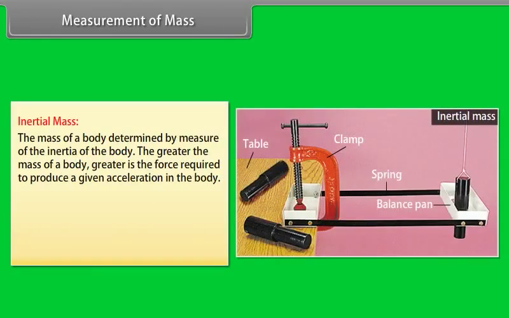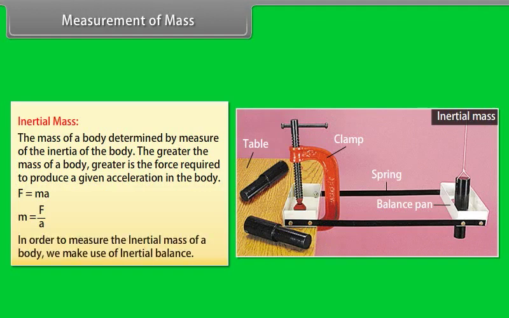The mass of the body is determined by measure of the inertia of the body. The greater the mass of a body, greater is the force required to produce a given acceleration in the body. F = ma or m = F/a. Thus, a very heavy body has a larger inertial mass than a light body.